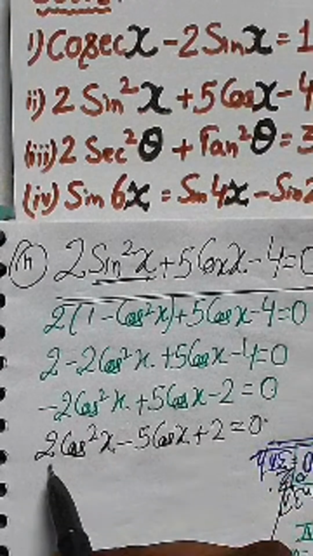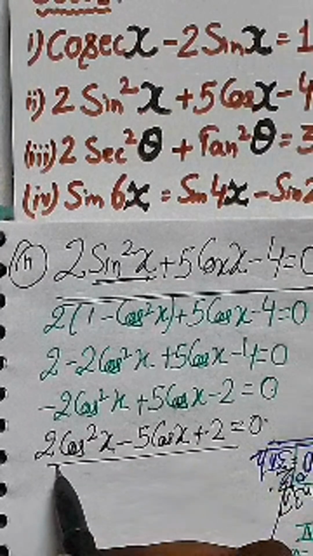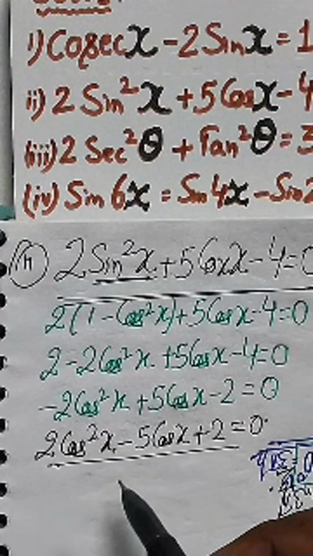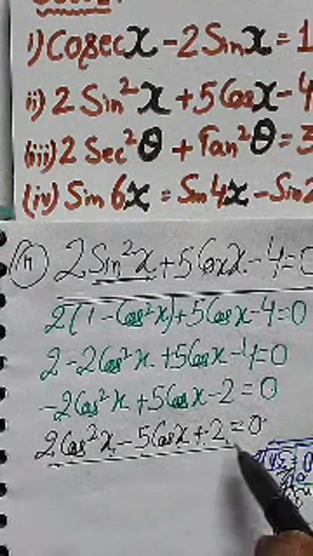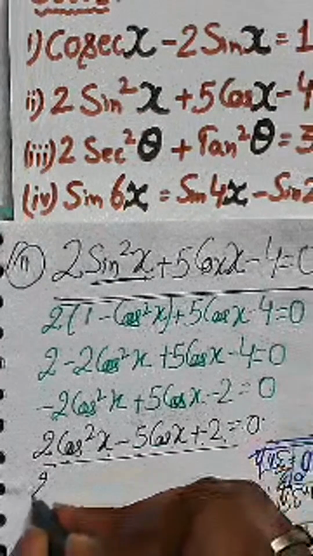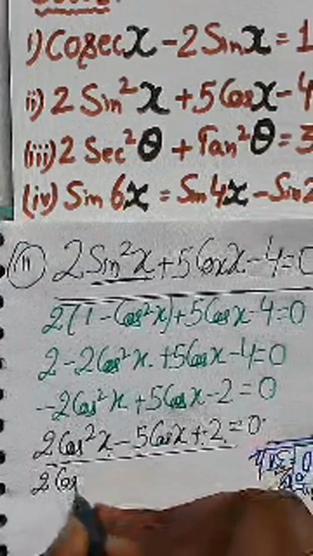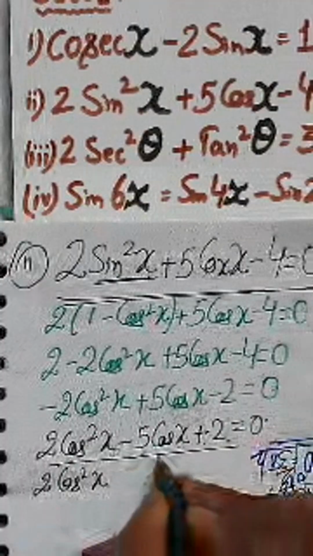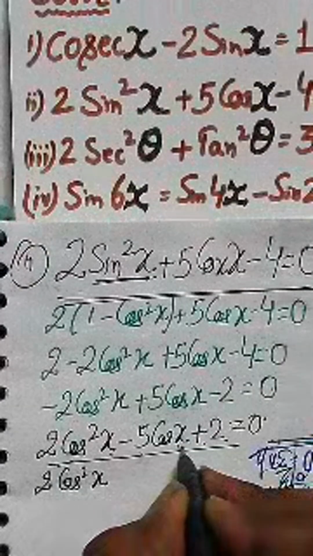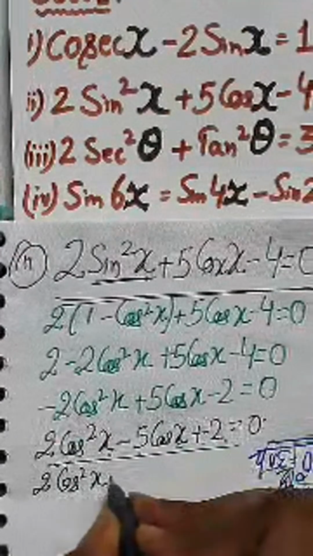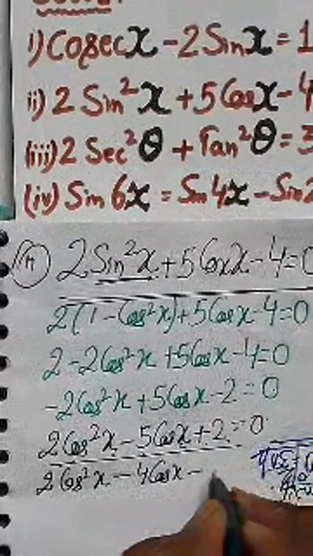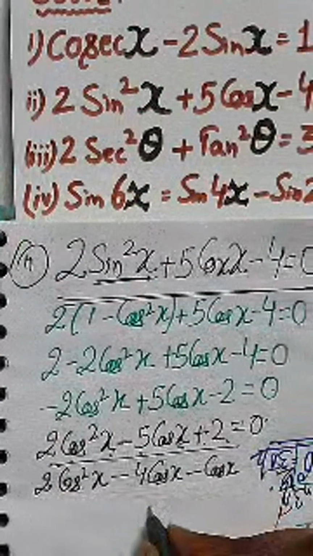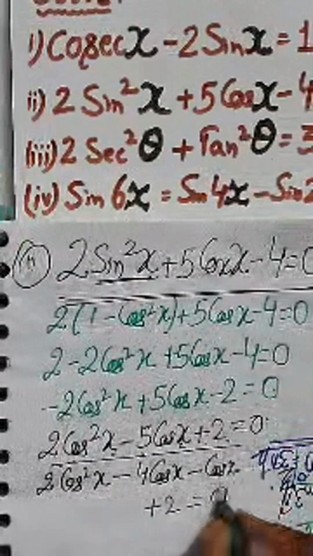So here we can simplify this, because 2 cos squared x minus 5 cos x plus 2 can be further split as 2 cos squared x, in place of minus 5 cos x we can write minus 4 cos x minus cos x, and plus 2 equal to 0.